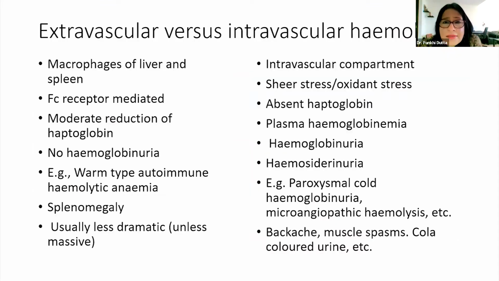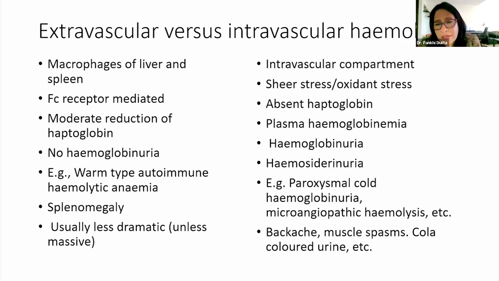So as I said, extravascular versus intravascular hemolysis. Extravascular is outside the vascular compartment, so macrophages of liver and spleen. These are all Fc receptor mediated uptake of the cells. And there can be some regurgitation into the intravascular compartment, leading to moderate reduction of even haptoglobin.